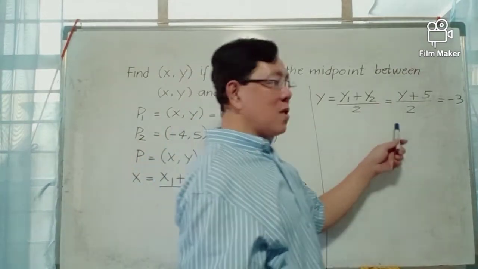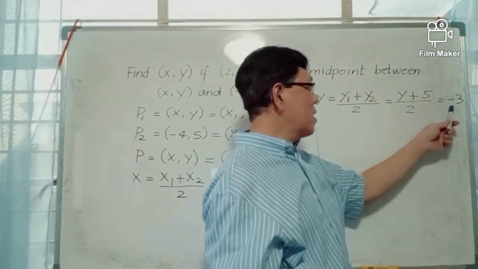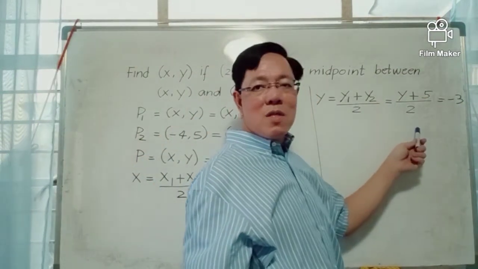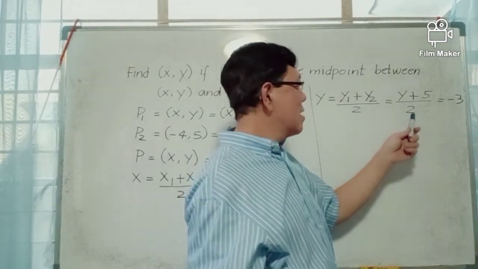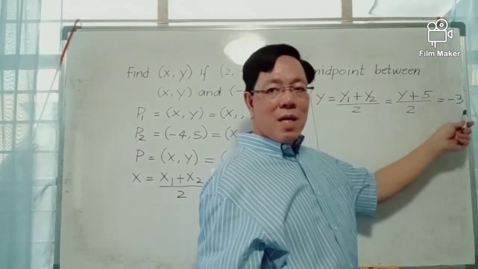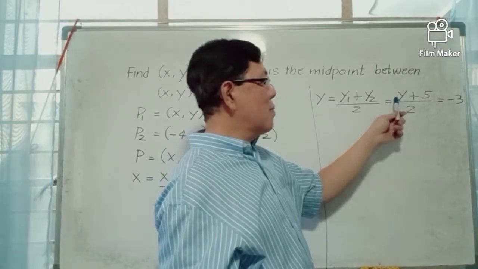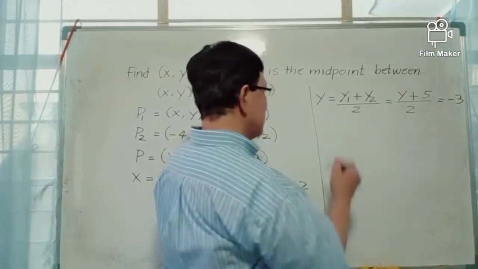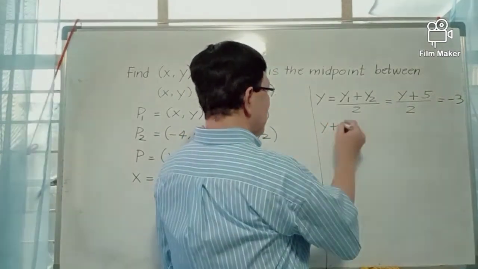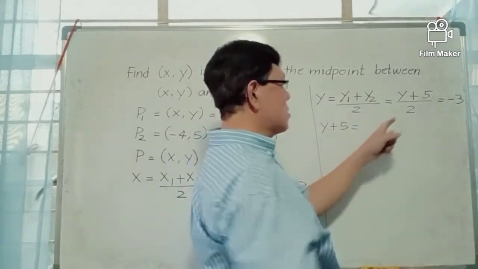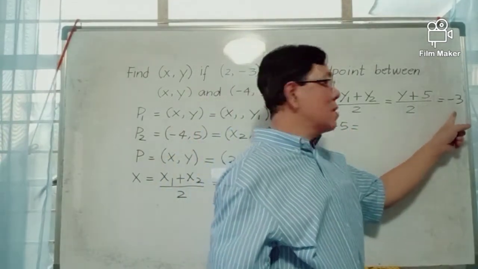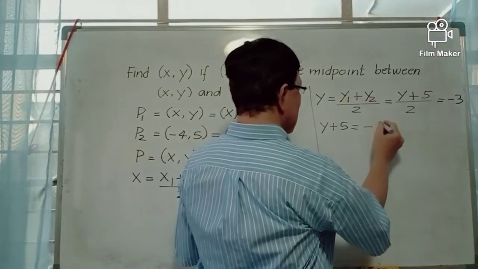Again, from this equation, we solve for y. It is now a linear equation in one variable y. We multiply 2 by negative 3. From the left, we have y plus 5. Y plus 5 equals 2 times negative 3, which is negative 6.